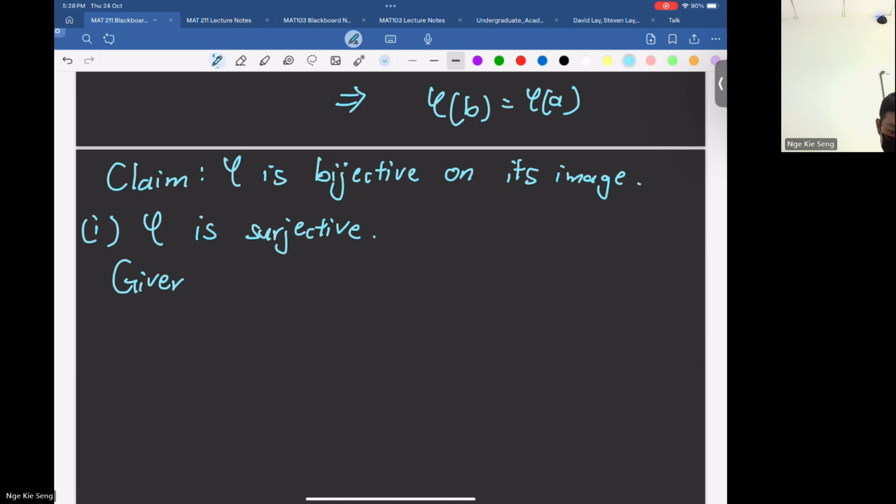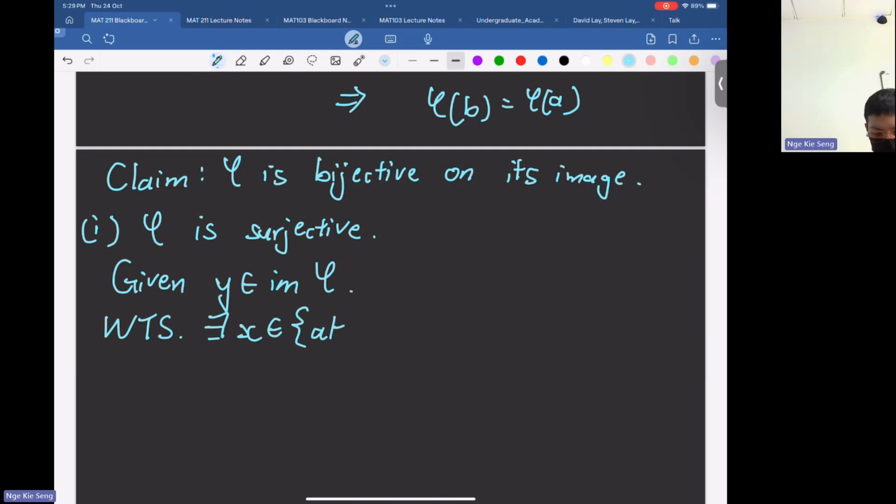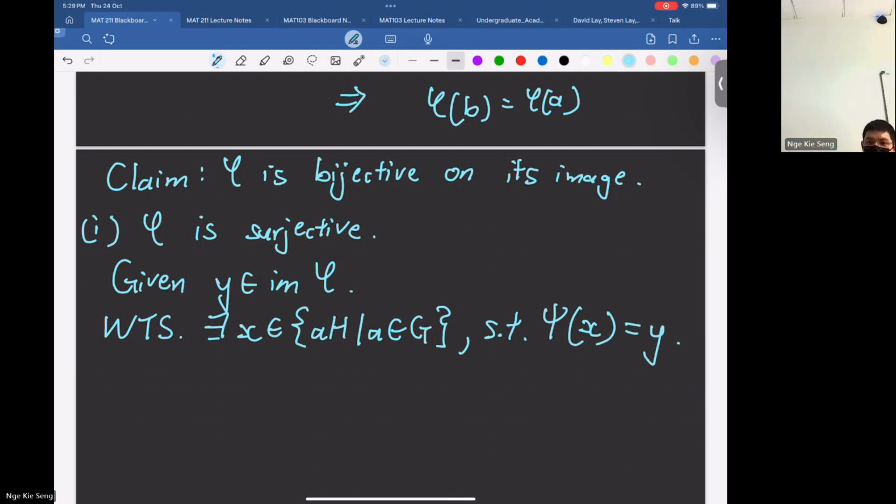Given any y in the image of phi, what do you need to do? Want to show that there exists some x in the set of left cosets such that psi of x gets sent to y. Who do you pick? What x can you pick?